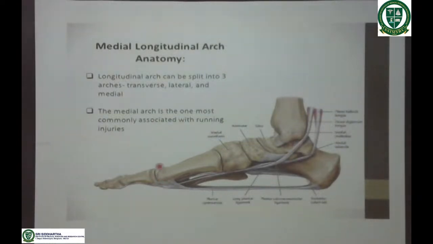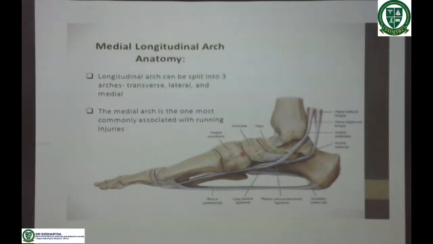So it has an anterior end, a posterior end, and a summit. The summit is the talus. You can see the concavity of the arch here. This bone forms the summit, the superior articular surface of the talus. That area forms the summit of this medial longitudinal arch.